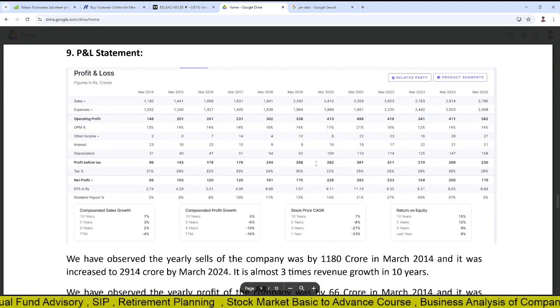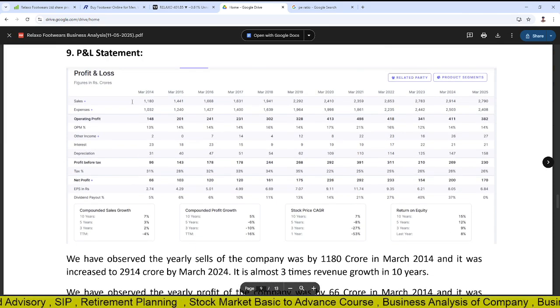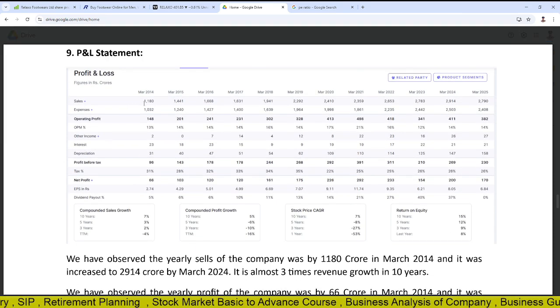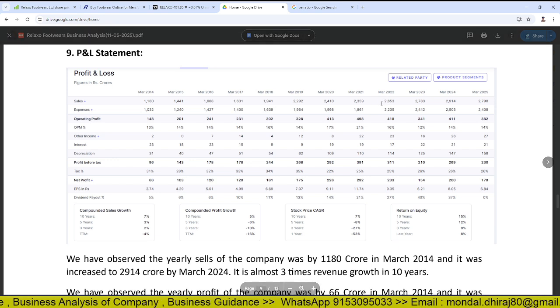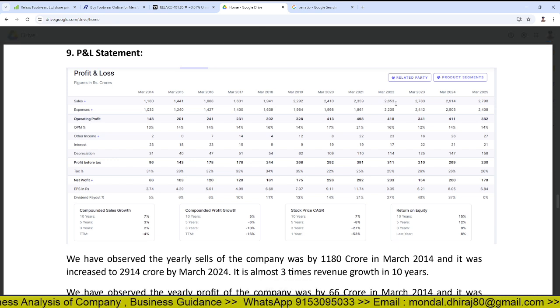In the profit and loss statement, you can see the company has a very good track record. In 2024 there were sales of 1180 CR, and in 2025 it is 1914. So there was huge sales growth. In 2022 it is 2653 CR.